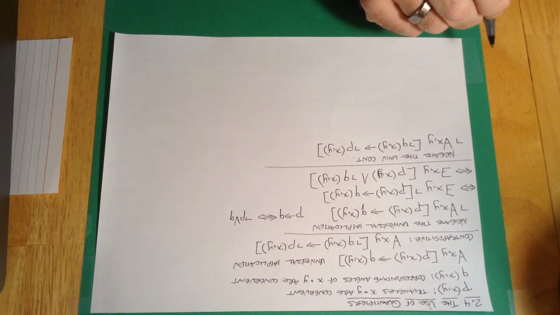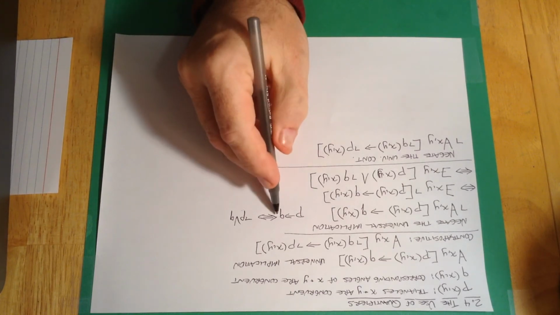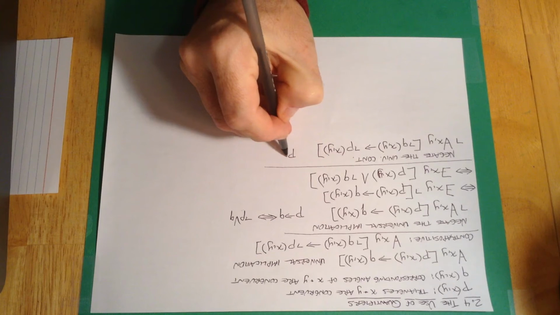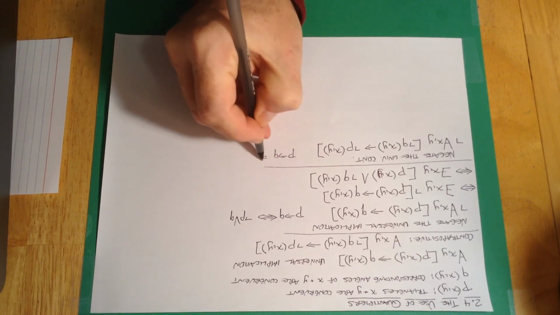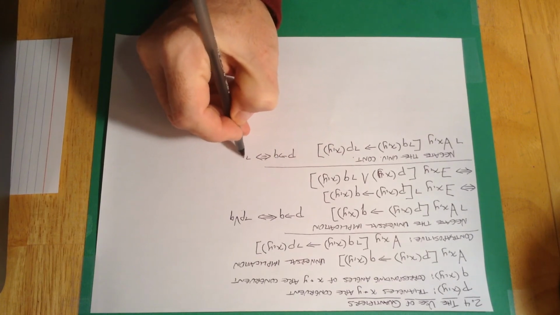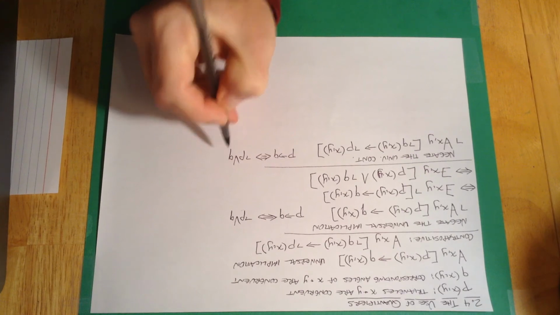Okay? Again, if it helps, P implies Q is logically equivalent to not P or Q.